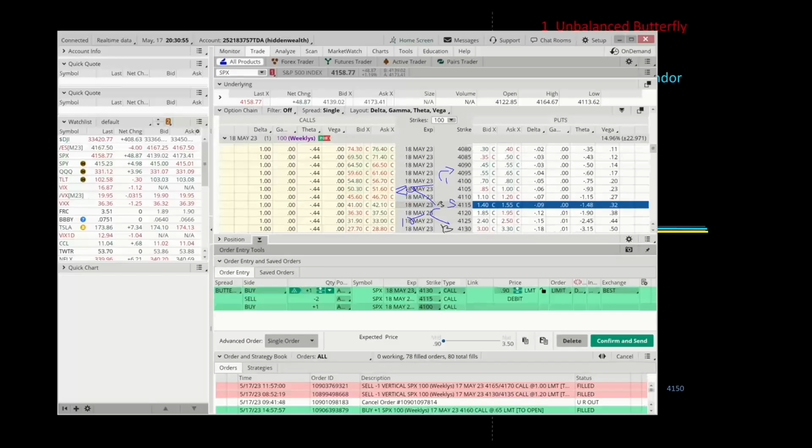Sometimes, especially when volatility is really high, I've done like a 15 by 25 or a 30 by 40. But usually the trade's a lot more resilient and people are a lot more comfortable with something where there's only $5 difference between the buy and the sell.